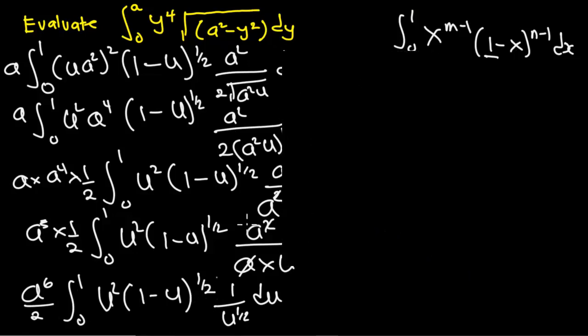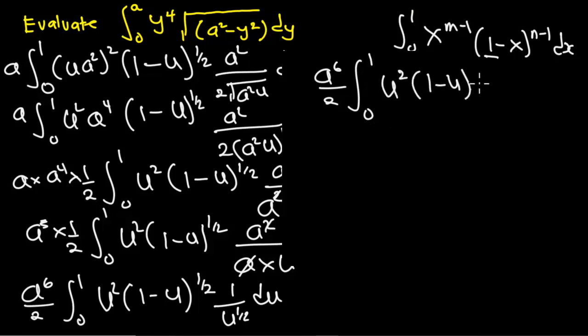And then from here, we are going to have a exponent 6 over 2 multiply the integral from 0 to 1 of u squared multiply 1 minus u exponent half. And then here we can write this as u exponent negative 1 over 2 du. Now using the law of indices, we can combine this and this.